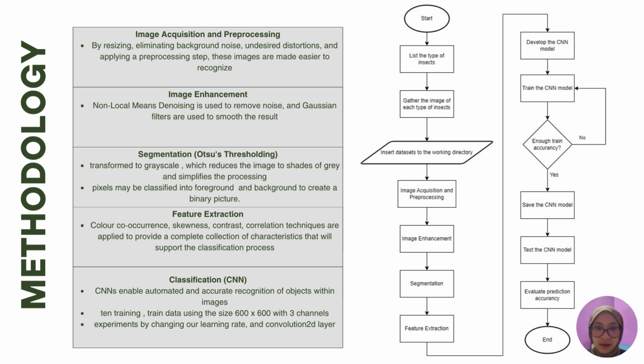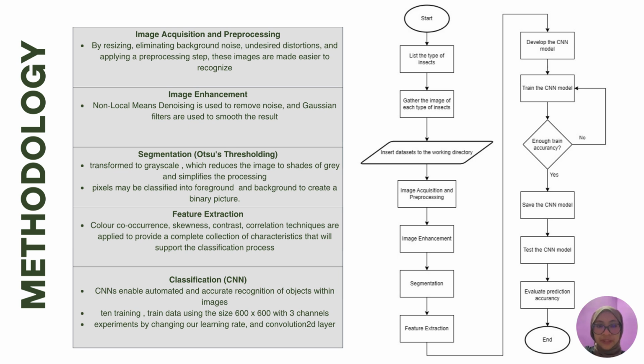Enhancement techniques are applied to improve the quality of the image, such as adjusting the brightness and also the contrast. Non-local means denoising is used to remove the noise, and also a Gaussian filter is used to smooth the result.